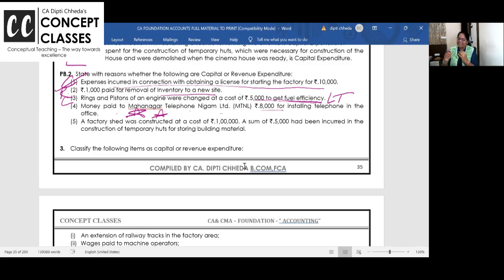It's not capital expenditure. See what is happening. You are paying money for installing a telephone. It's like a deposit. So what answer you will write for this? It's not exactly a capital expenditure, but the treatment is like that.